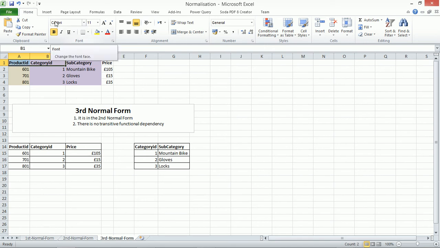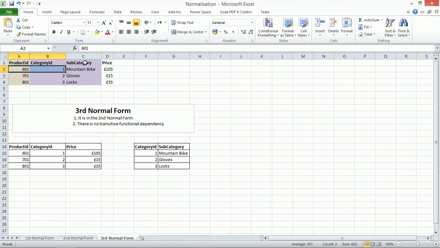So for example, product 601 refers to one product, and a product can only be in one category, and you can identify a product category by a product ID. So product ID uniquely identifies a product category.